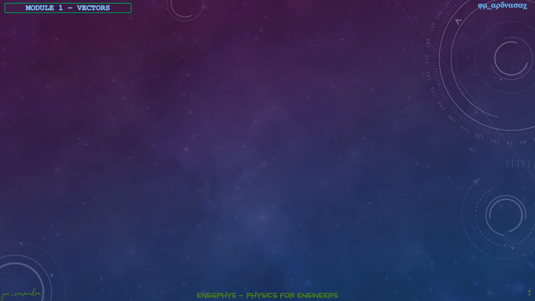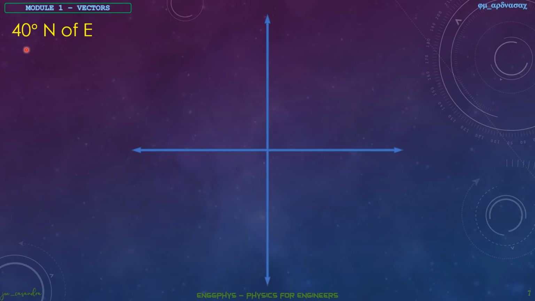Okay, so to understand further our notation for the directions, or how do we draw our directions for vectors, let's have an example. Let's say we have the direction indicated as 40 degrees north of east. How are we going to represent this direction? Firstly, we have your Cartesian plane representing our east-west, or your x-axis, and your north-south, or the y-axis. From here, we need to measure 40 degrees. But where are we going to measure? Are we going to measure from the north or from the east?